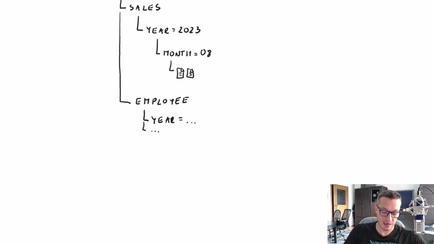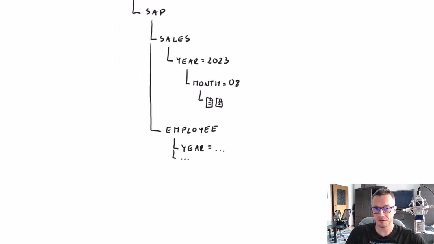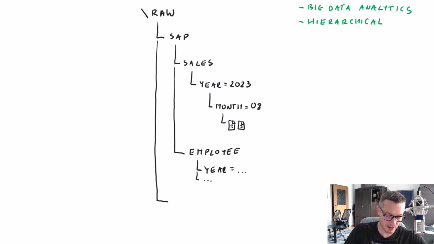Then apart from SAP, maybe we ingested data from some other system that would again have some subdirectories. So you can see that organizing our data lake in a proper way is really important, and having this possibility is critical. And we'll get back to some rules that we should follow when we organize our data, but that's for one of the future videos.